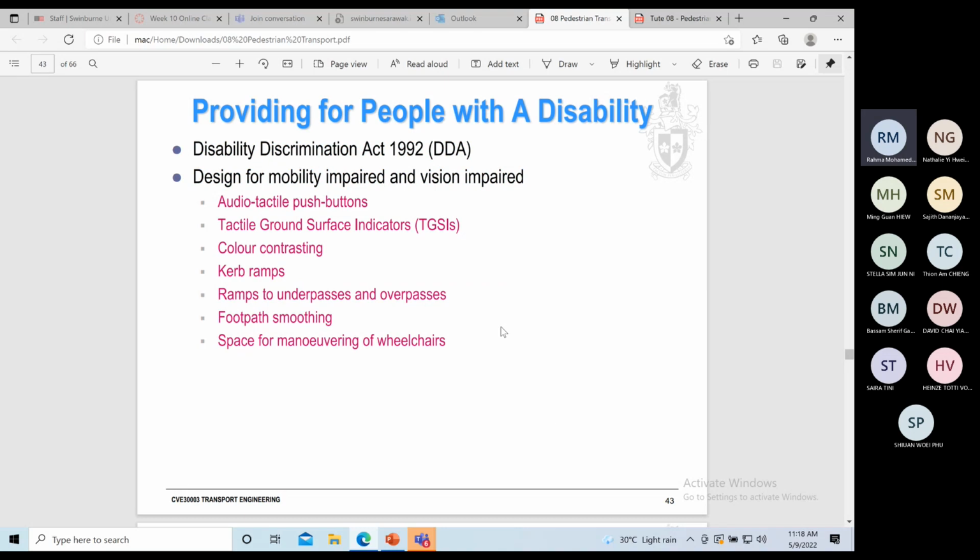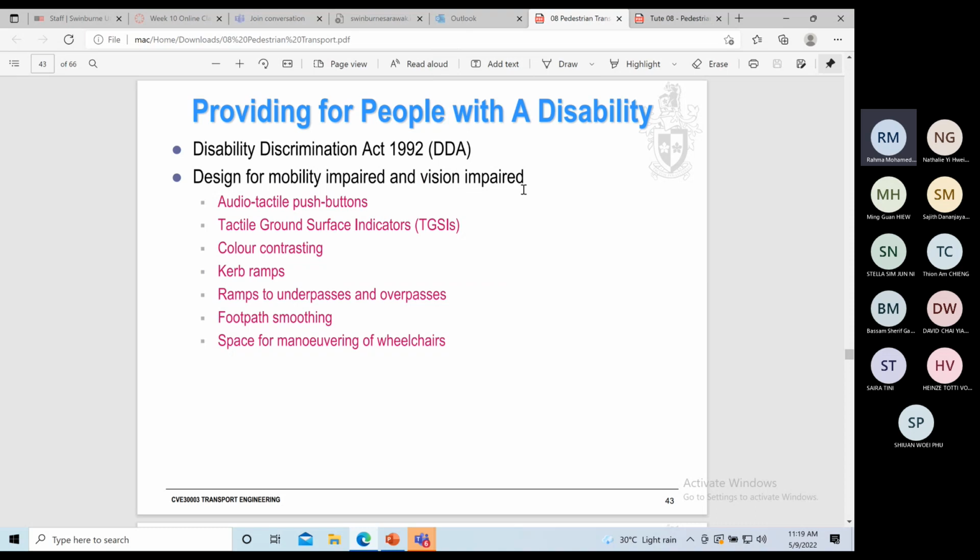While providing for people with disability, the Disability Discrimination Act was enacted in 1992. It was designed to cater for people with mobility impairment, those who have difficulty in movement, and for people with vision impairment, those who cannot see properly or cannot see at all.